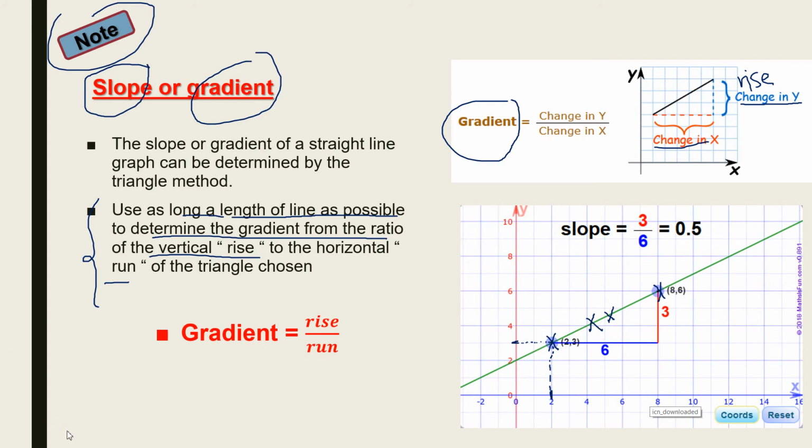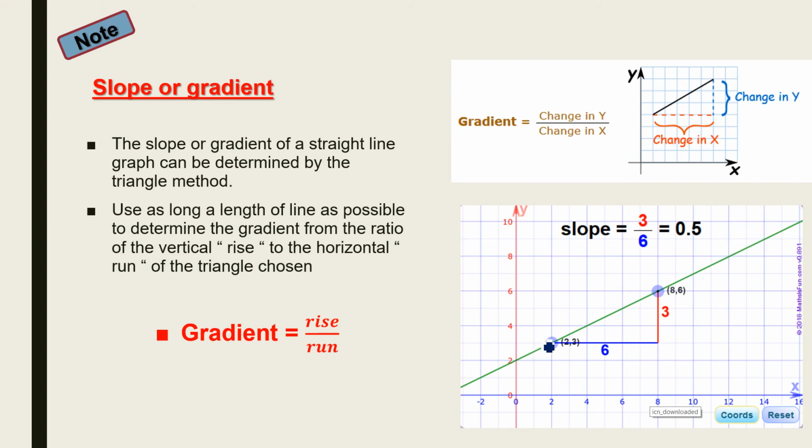So use 2 points that are far from each other. I can choose this one, let's say A, and this one B. Choose any 2 points on the straight line, but not very close to each other, to find the rise and run in an easier way.